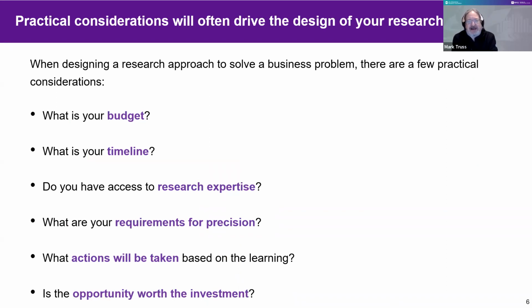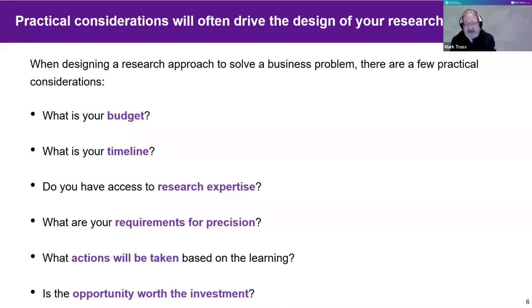When anyone's designing a research approach for a specific business problem, there are a few practical considerations. Obviously, the 2 I just mentioned: what's your budget and what's your timeline? But also, do you have the research expertise to pull off the kind of project that you need? What are your requirements for precision? I know that sounds strange because a lot of us have been schooled that it's all about precision, but there are degrees of that.